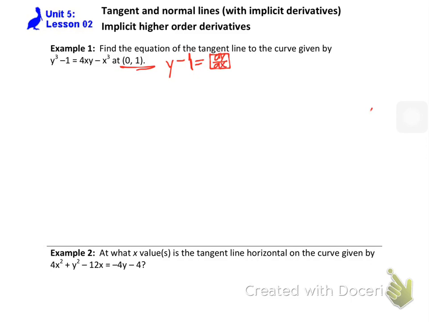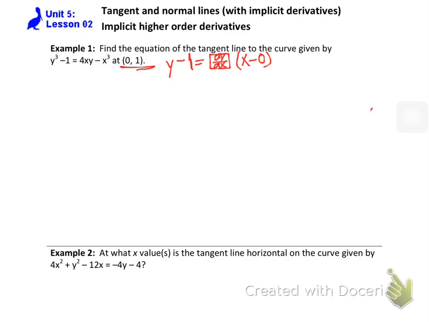But we're going to have to put that value in for 0 and 1. So we're going to have to plug in an x and a y, where normally we were just doing the x value. And since we already know the x value is 0, our equation is going to look like this.